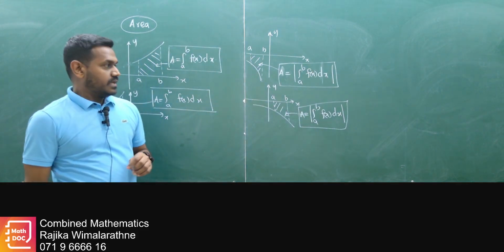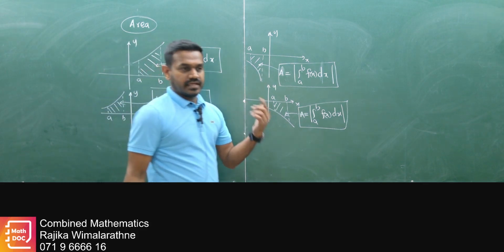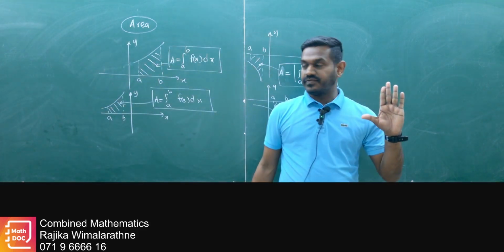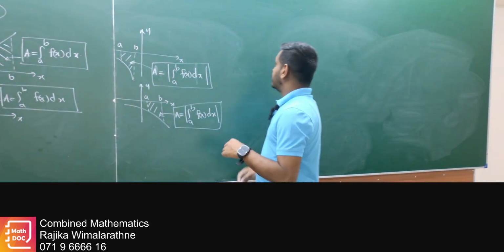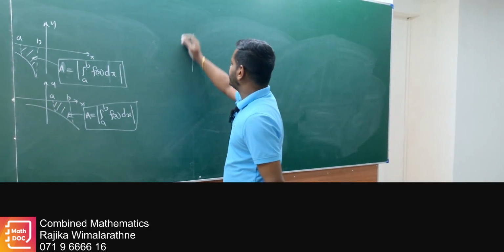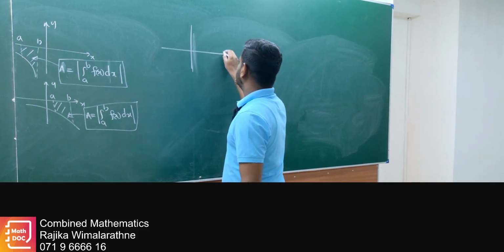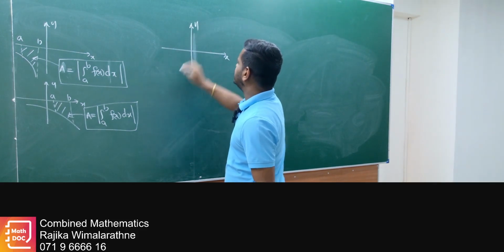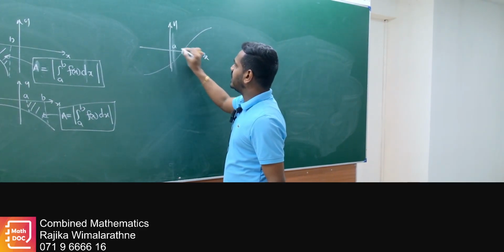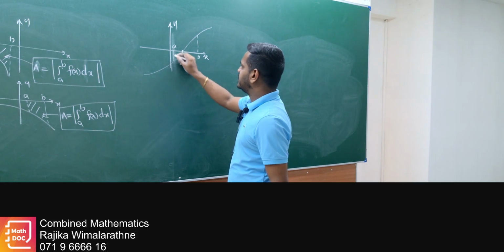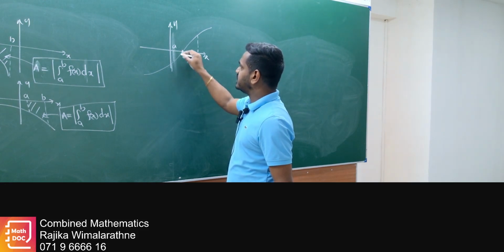Okay. Now you consider a function in both first and third quadrants, or first and fourth quadrants. Consider this way. Here x-axis, y-axis, a function like this. If you need to find the area within this region, take here the intercept c.